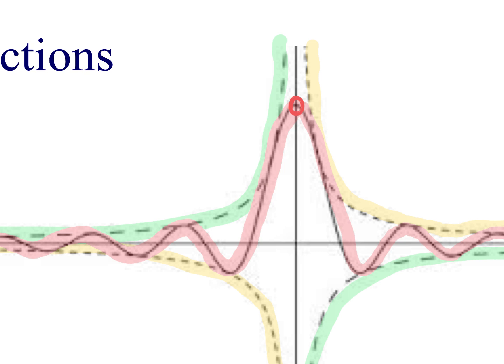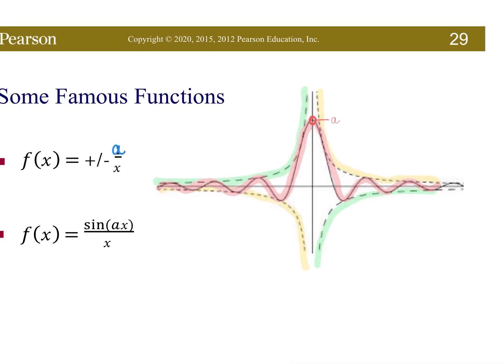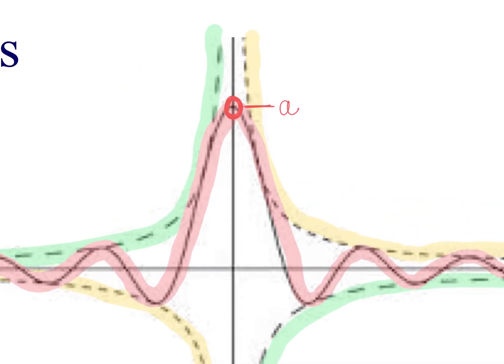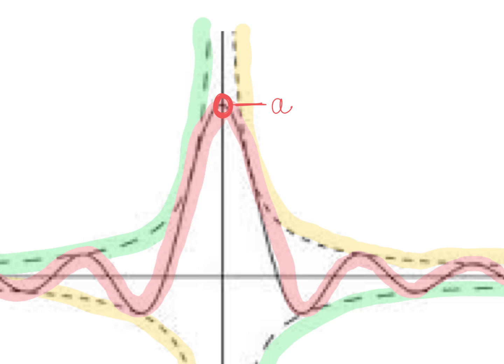It's not closed. It is an open circle, and the position there is at the value of a. Whatever the a value is in the equation of sine of a x over x is the same as the value that it will be approaching. It will never exist there, but it will have a limit.